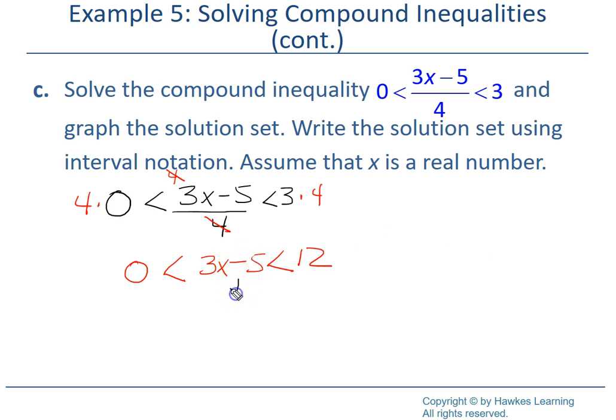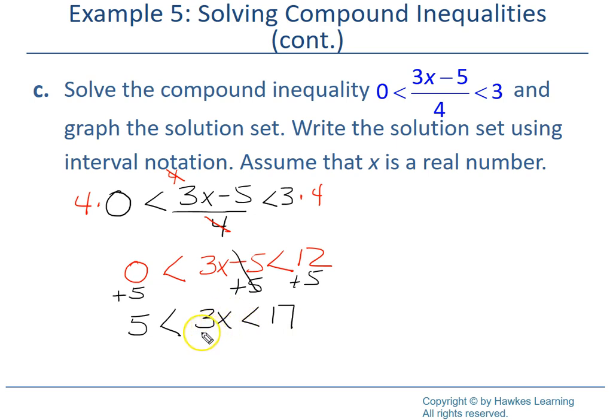So I'm going to add 5 here, add 5 here, add 5 here. So this is now 5 is less than 3x. Here the 5's cancel out. This is 0. And this is less than 17.